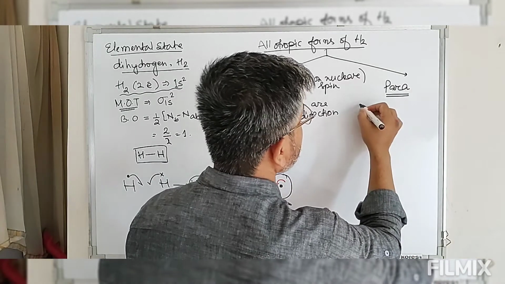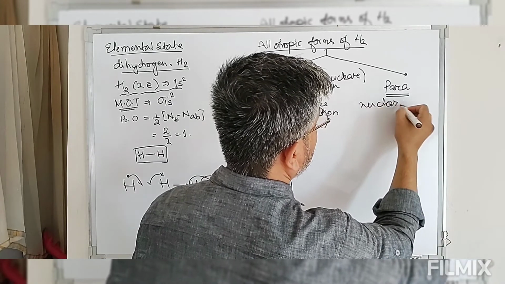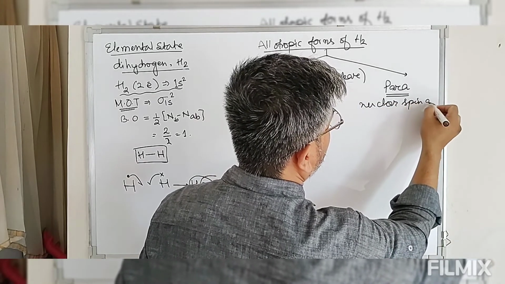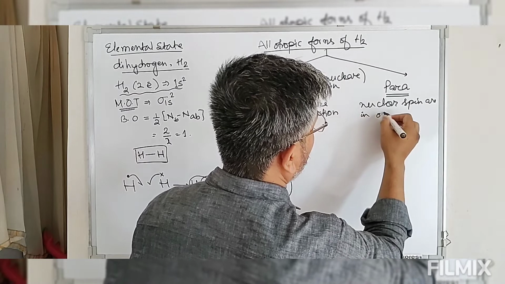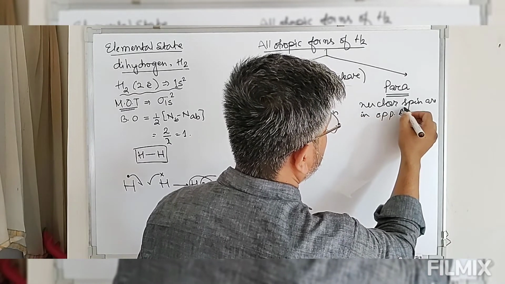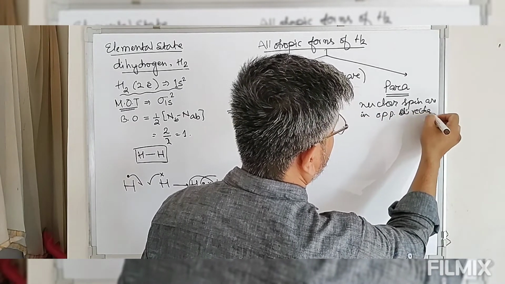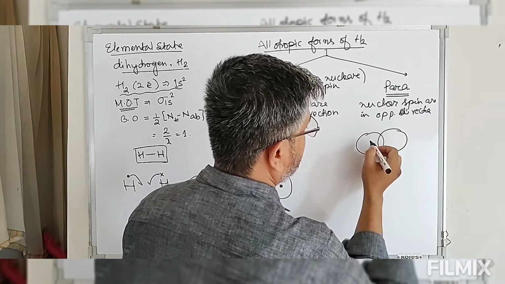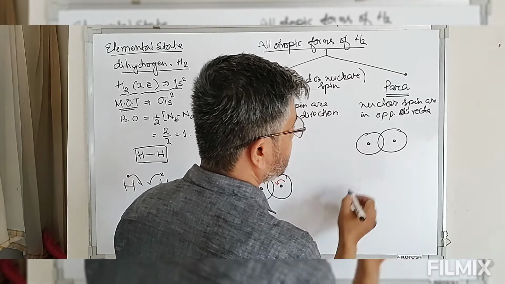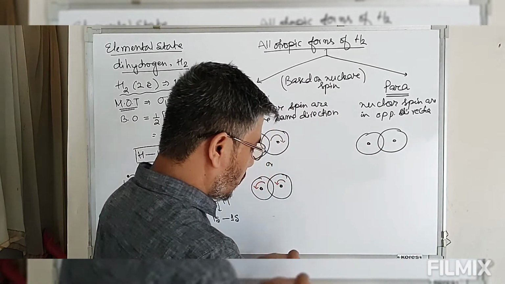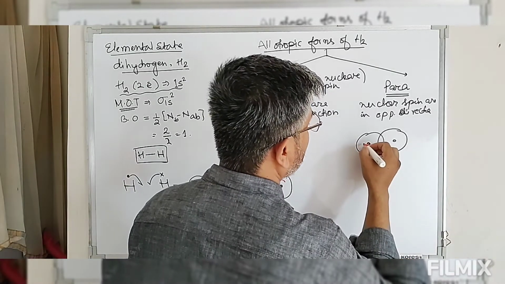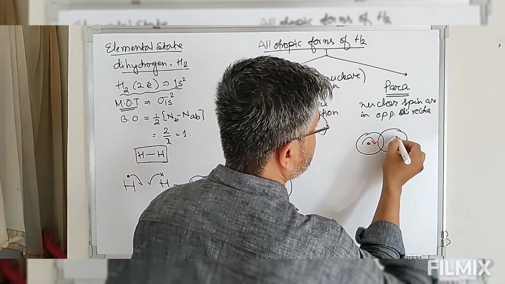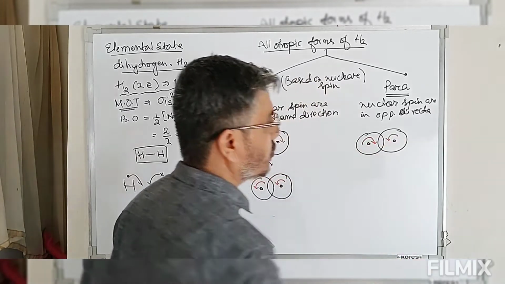So nuclear spins are in opposite directions. We have looked at this. This is a nucleus. Suppose one is clockwise, the other one is anti-clockwise. Suppose this is clockwise, then the second one is anti-clockwise.